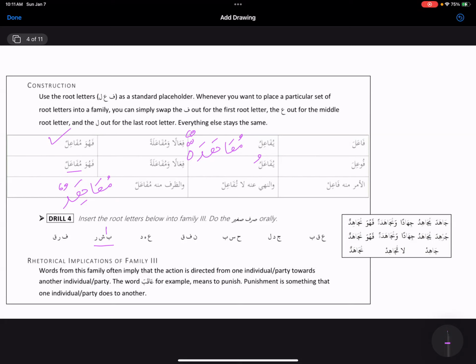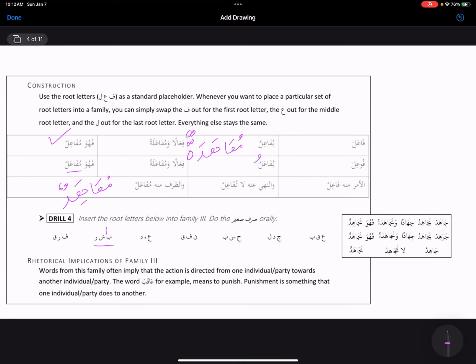Wa mubasharatan, fahuwa mubashirun. Okay, so you need to add the waw now. Bushira, yubasharu, bisharan, wa mubasharatan, fahuwa mubasharun.